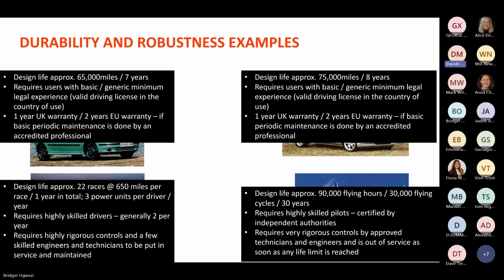Compared to an equivalent-age Toyota Yaris, a like-for-like competitor product, the design life is about 8 years and 70,000 miles. Both require a very basic level of user: pretty much anybody with a valid license should be able to drive it in any country where the product is sold.